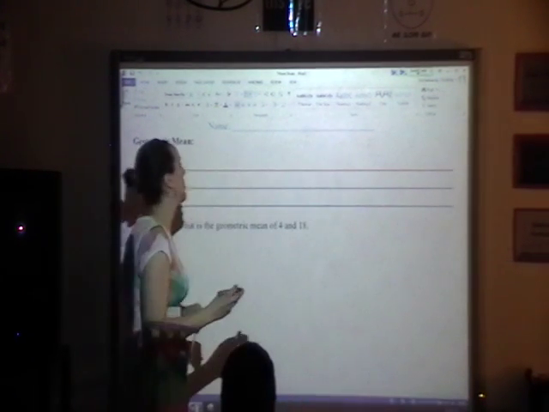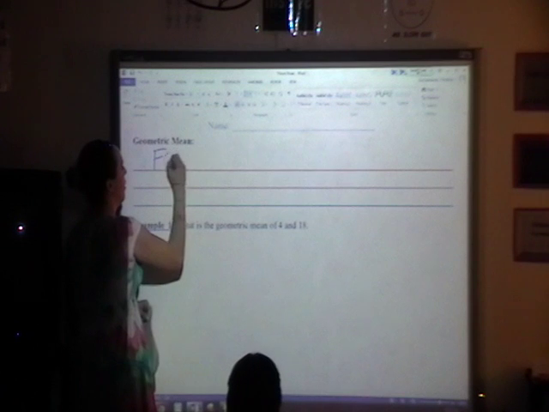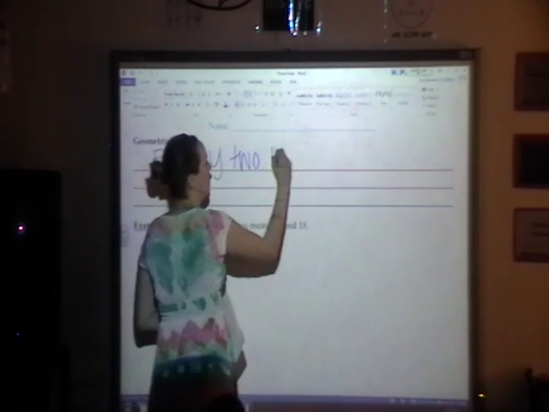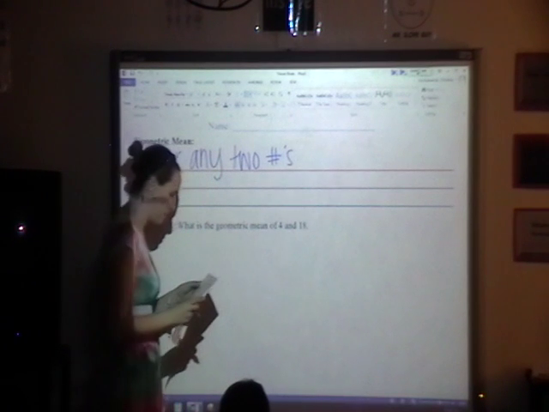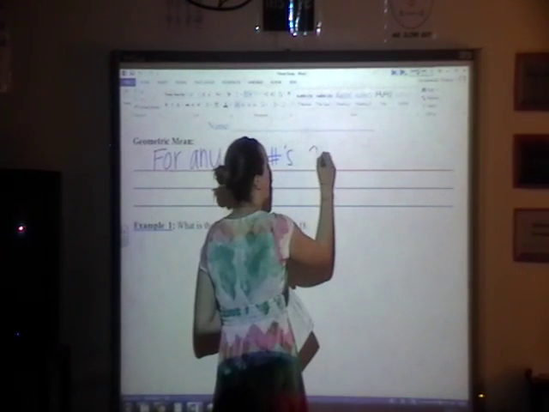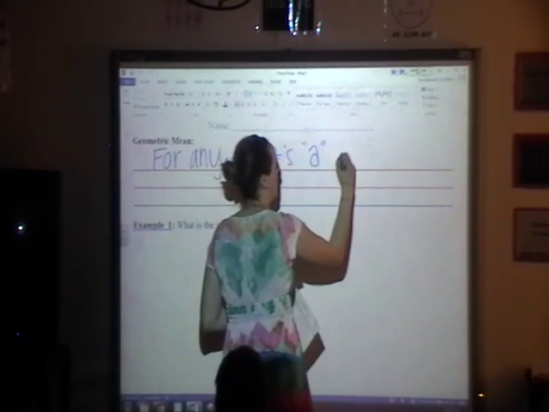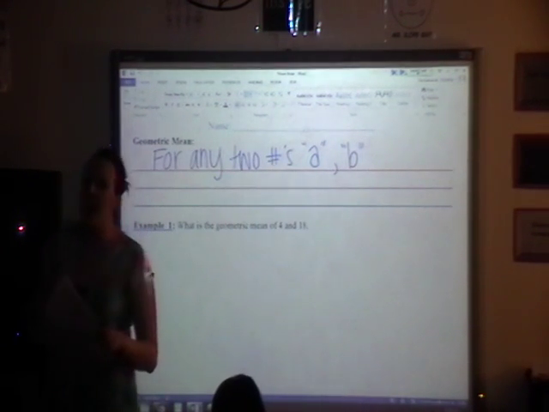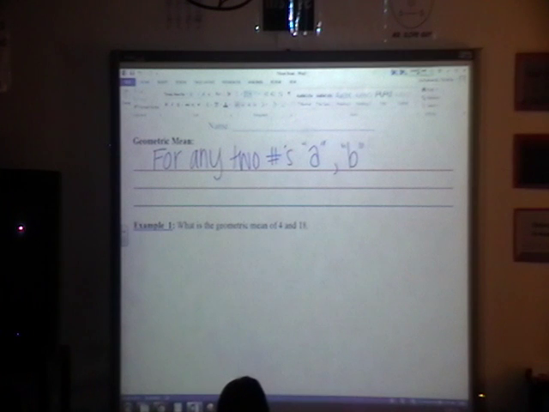Ultimately, this is what the geometric mean is. For any two numbers, we'll call them A and B. When I use letters, that just means I'm being arbitrary. Arbitrary means random.